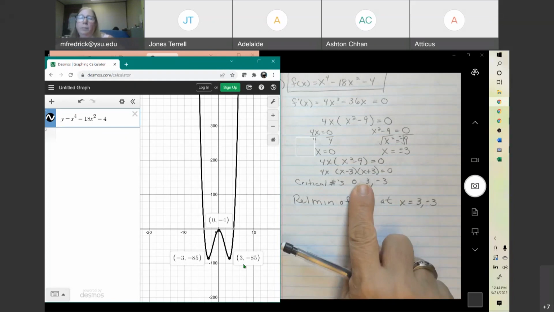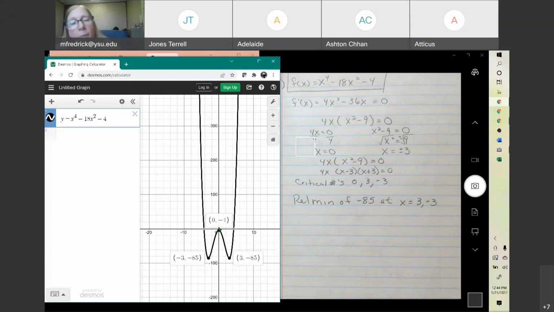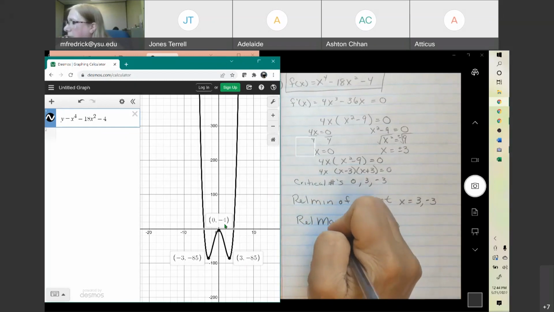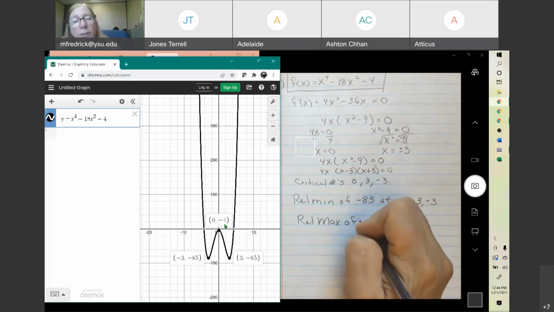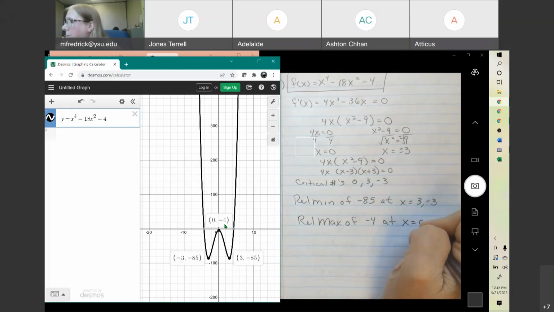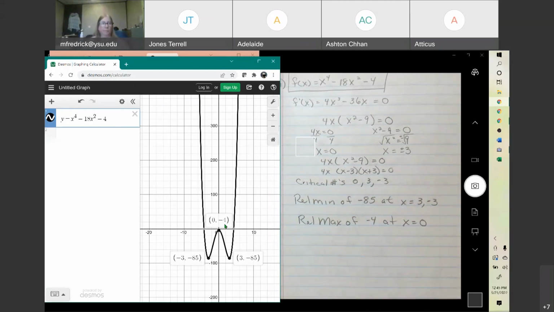Our other critical number, 0, notice it's a high point because the values around it are below it. So there's a high or a relative max of the y value, which is negative 4 at x equals 0. Any questions on those?